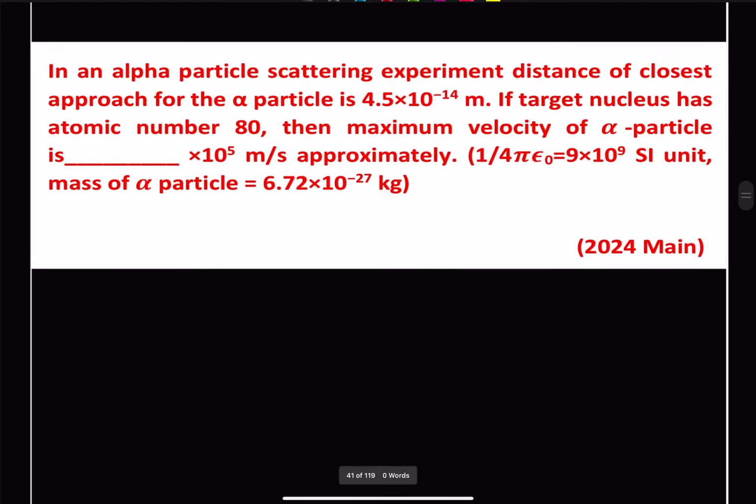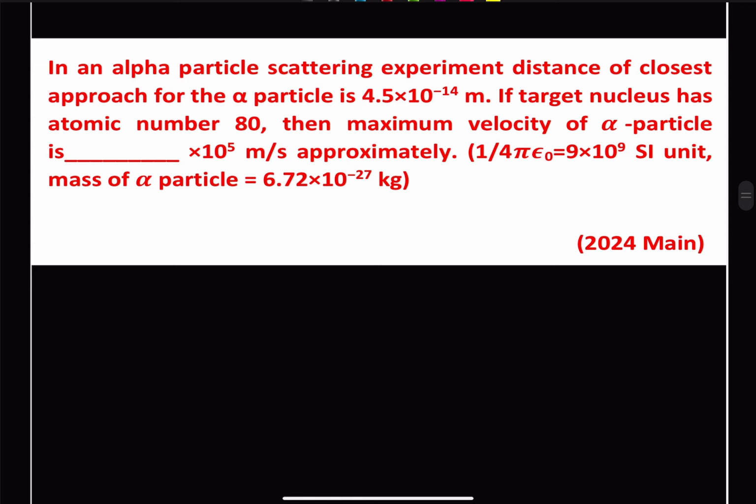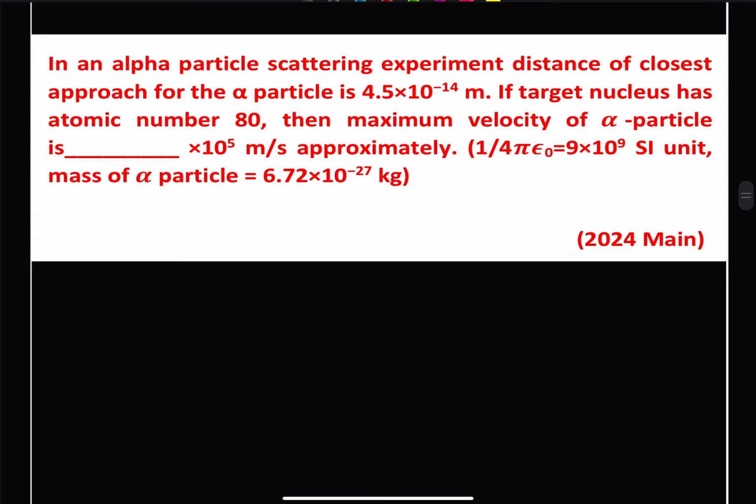Next question. It states that in a alpha particle scattering experiment, distance of the closest approach for the alpha particle is 4.5 into 10 to the minus 14 meter.